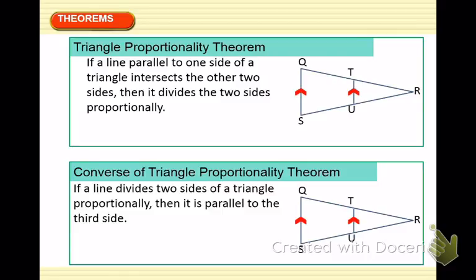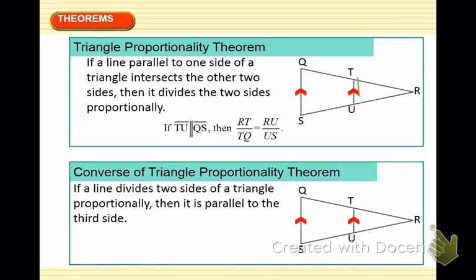Okay. So what are these theorems? The triangle proportionality theorem basically says that in a triangle, if a line parallel to one side of a triangle intersects the other two sides, then it divides the two sides proportionally. Now, what does that mean? That means that if we draw some segment TU in the triangle so that it's parallel to QS, then it will divide these two sides up proportionally.